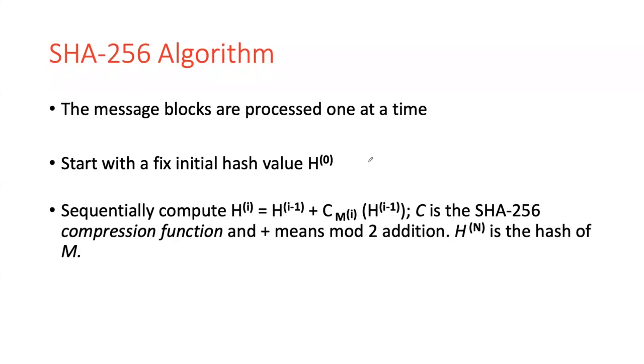In the hash computation, each message block is processed in a sequence, like the first message block m to the power of 0, then the next message block m to the power of 1, and so up to m to the power of n blocks. So every block is processed in a sequence. It requires 64 rounds to compute the full hash output.